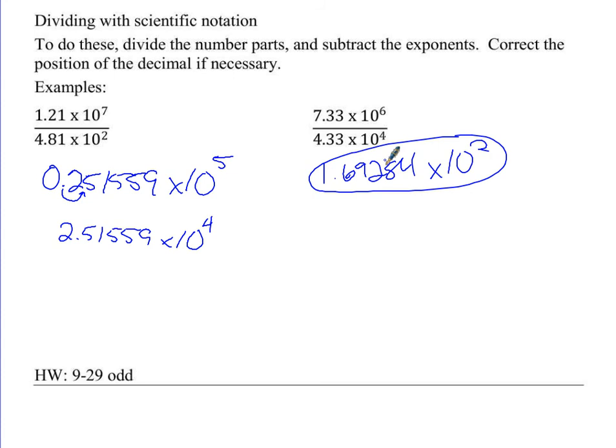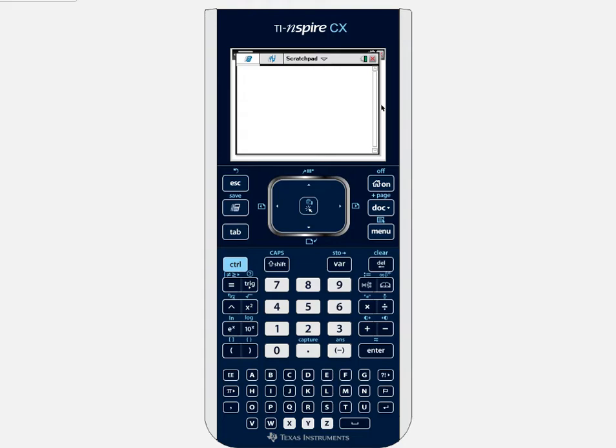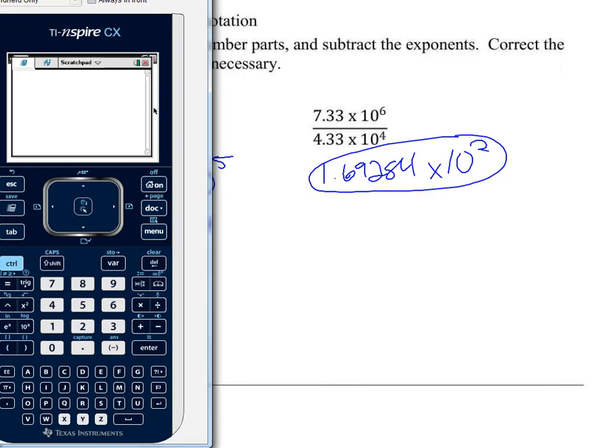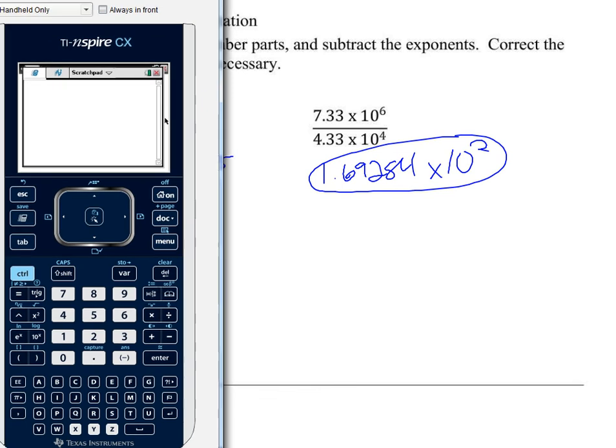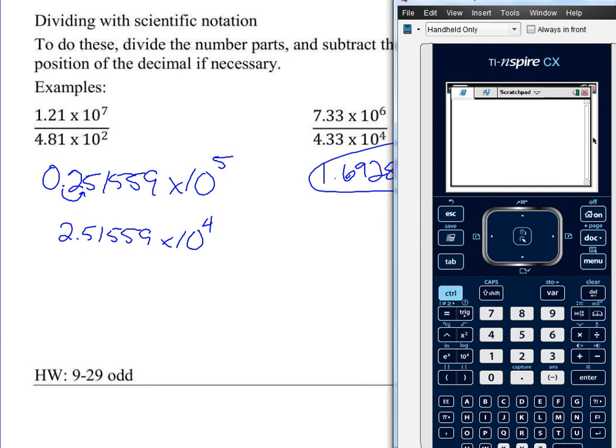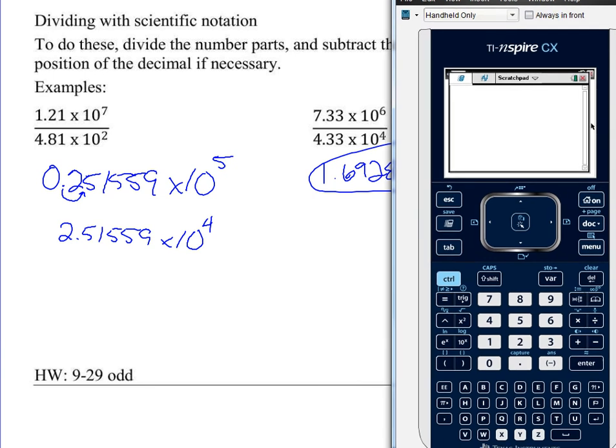Okay, so let's take a look at the calculator and make sure we understand how to do this on the calculator. That's way too big. And I don't like it over there. So I'll move it over here. Let's go with that first one. I'm going to type in my scientific notation. So I got to type 1.21, and then what do I have to push?